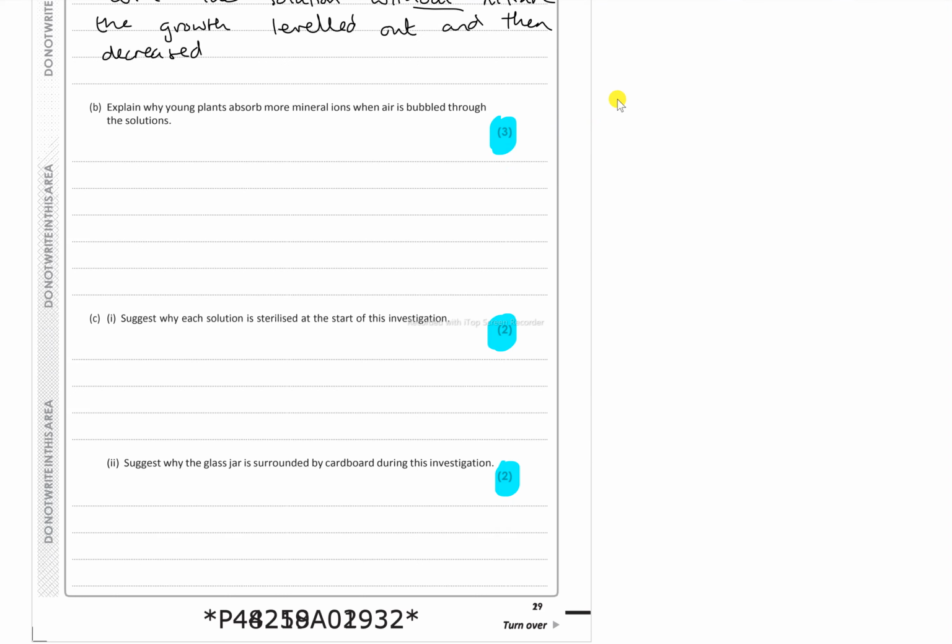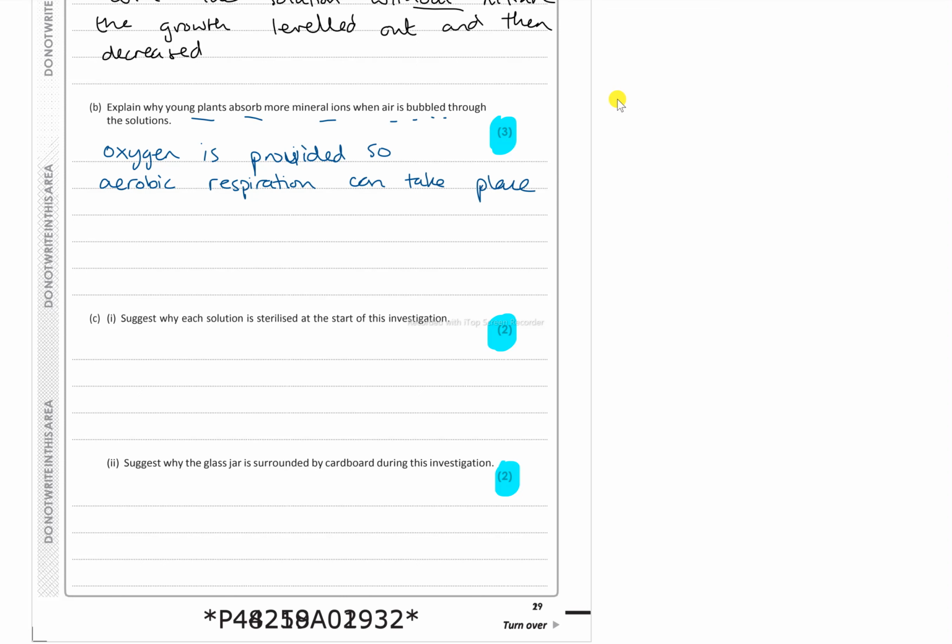Explain why young plants absorb more mineral ions when air is bubbled through the solutions. Remember what we said about respiration. So oxygen is provided, so aerobic respiration can take place.